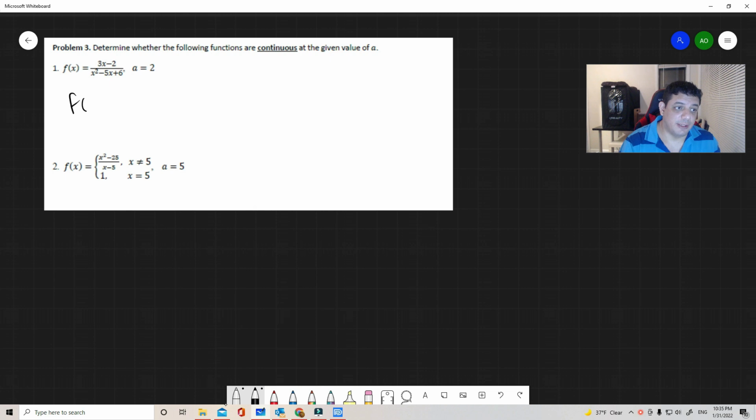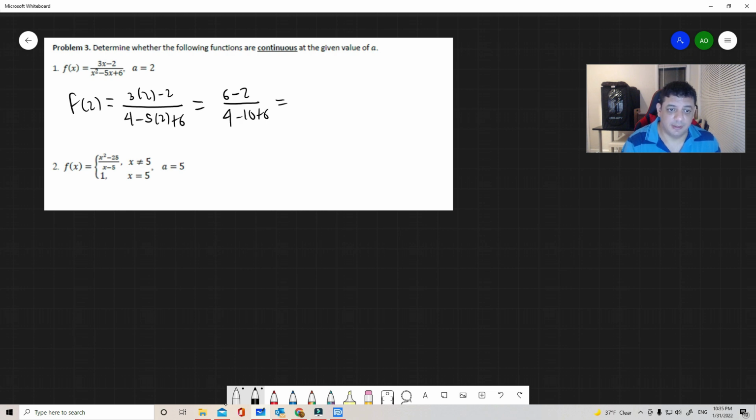So let's check what the value of f of 2 is. On the top, we're not going to have an issue. This is 3 times 2 minus 2. And here it is going to be 4 minus 5 times 2 plus 6. So over here this is 6 minus 2, and on the bottom it is going to be 4 minus 10 plus 6.